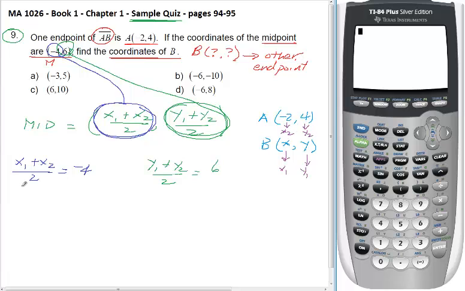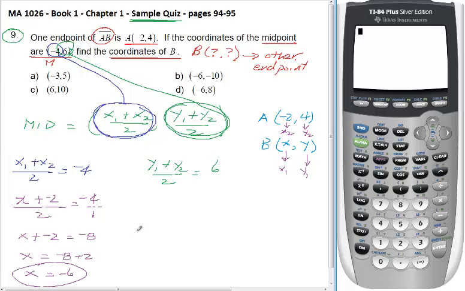Plugging in, (x + -2)/2 equals -4. This is understood to be over 1, so cross multiply. We get x + -2 equals -8. Add 2 to both sides, and we get x equals -6. There's the x coordinate of the other endpoint.